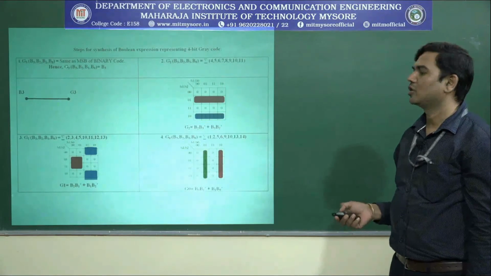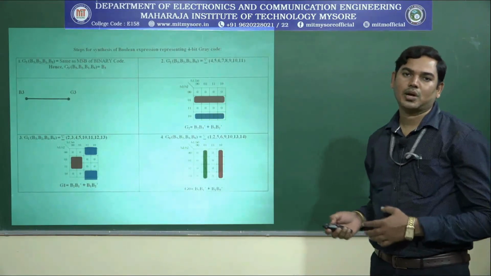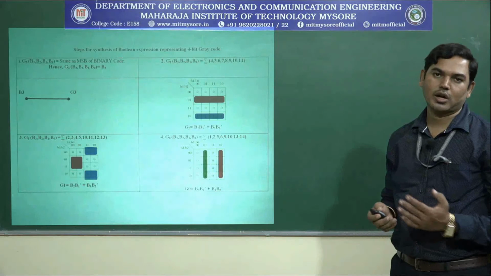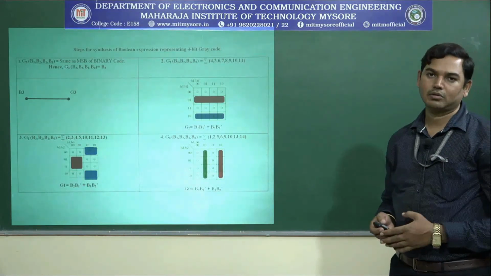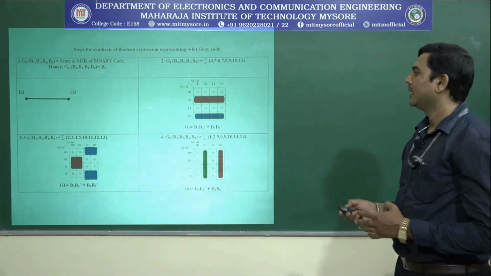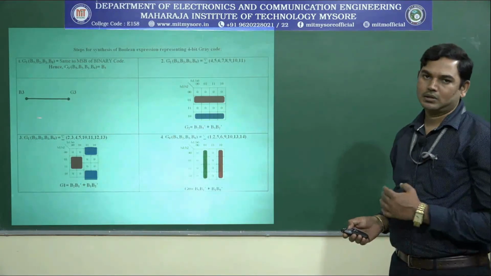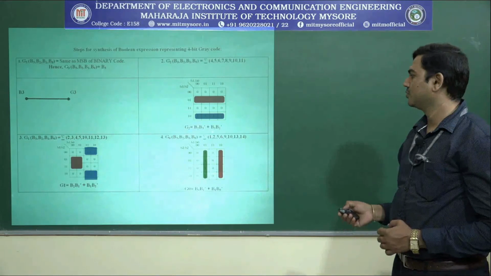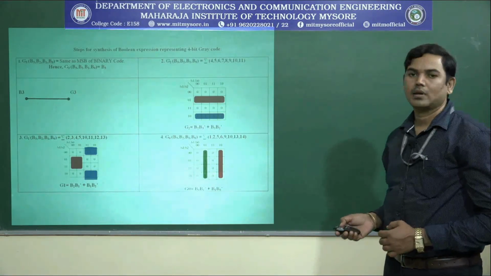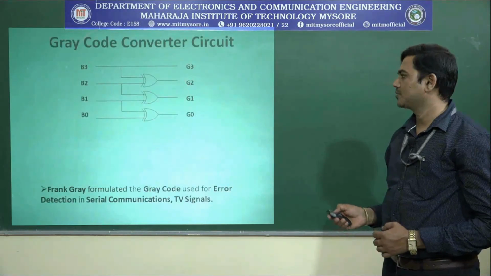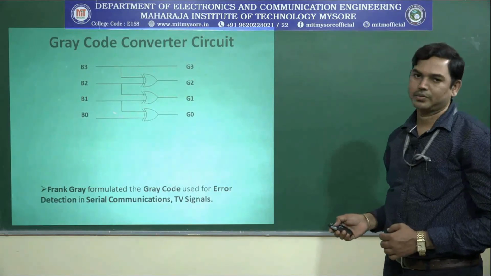So, it is possible for us to write an HDL code for a 4-bit binary to gray code converter in behavioral description making use of the truth table, data flow description making use of these logical expressions, and structural description making use of this circuit.